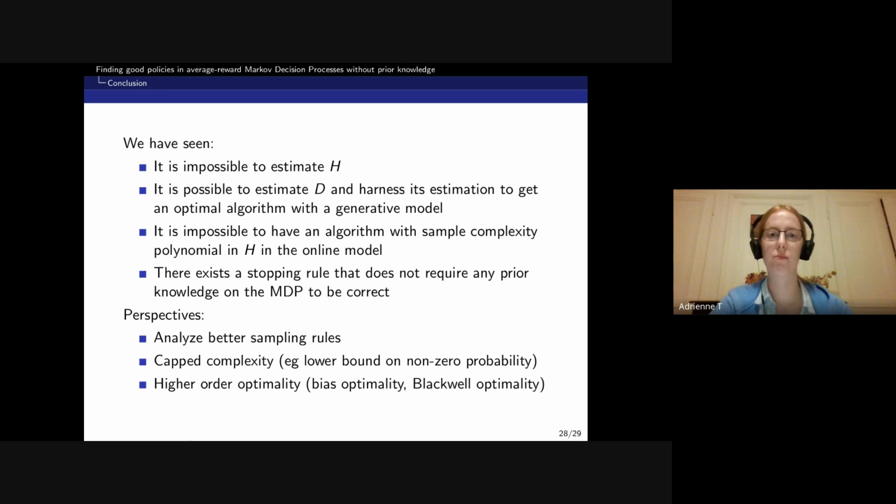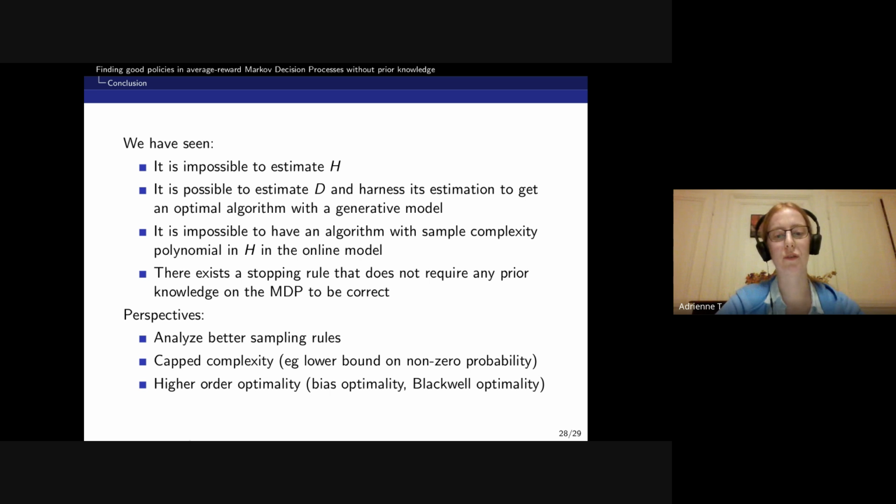We want those that have the best bias possible. And so a question would be, can we leverage the methods of gain optimality into bias optimality? Is there an equivalent of the optimal bias span, but for bias optimality? Can we do anything like that? Can we find maybe the discount factor that's big enough that the behaviors of the policies are similar? How do we even define near optimality, near bias optimality?